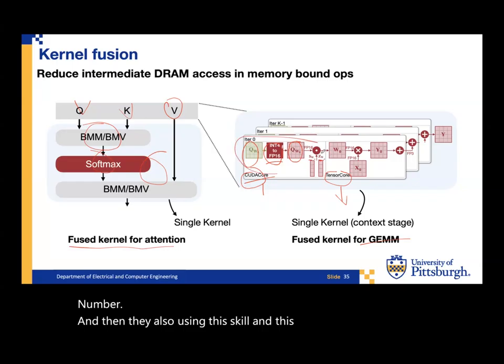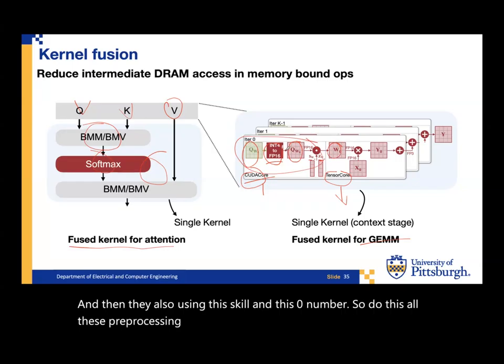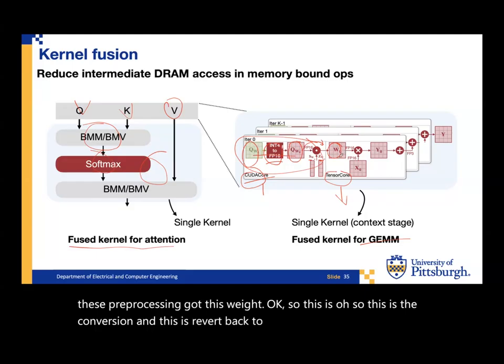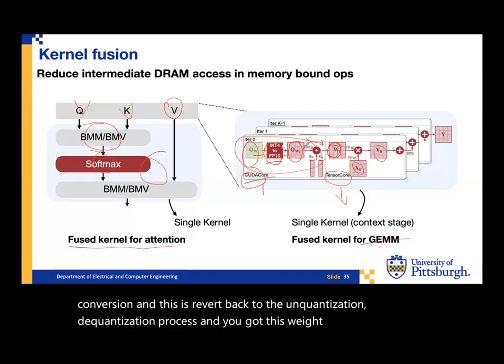After all this pre-processing, you got this weight. So this is the conversion, and this is the revert back, the dequantization process, and you got this weight, and this matrix multiplication gives you this y.